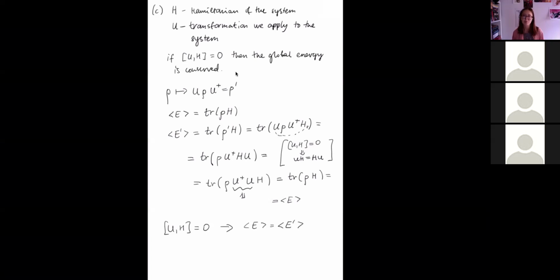But of course, for some more complicated unitaries, which are maybe just written down as a matrix and don't have a very clear physical interpretation, it's always good to compute whether they commute with the Hamiltonian of the system, and whether the total system is indeed isolated or there is some energy exchange with the outside. And for this unitary that we formulated, one can also check whether it commutes with the Hamiltonian. Of course, it commutes because its physical interpretation is quite clear.